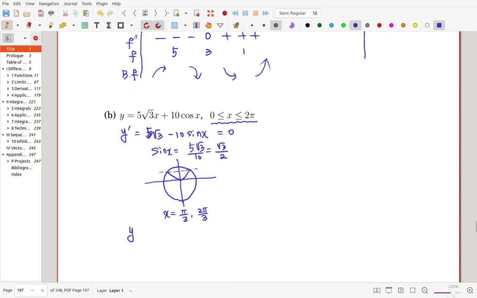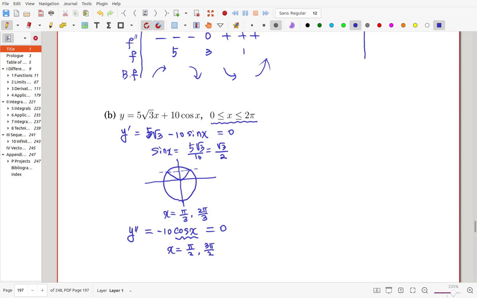Now y double prime, if you take one more derivative, is minus 10 cosine x. Setting it to 0 means that cosine x is 0, which means that x is pi over 2 and then 3 pi over 2.